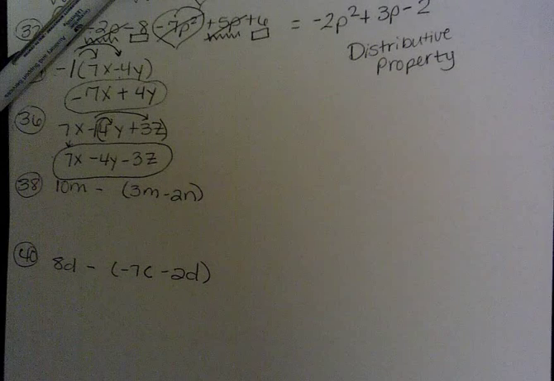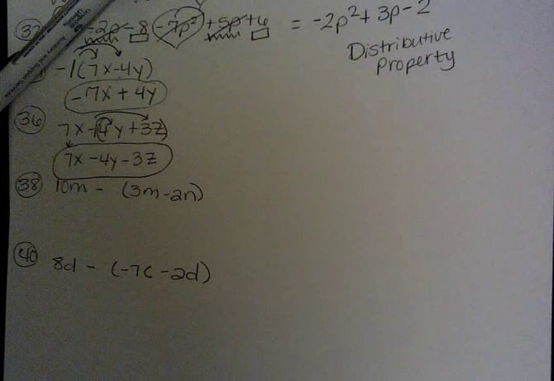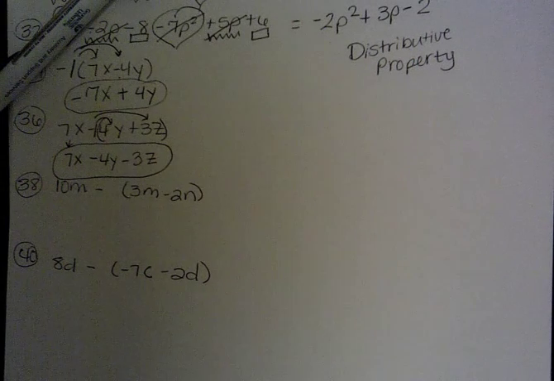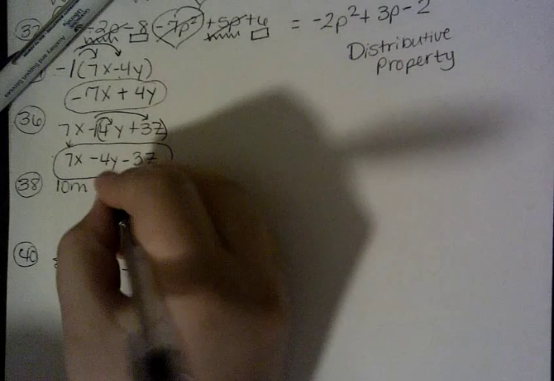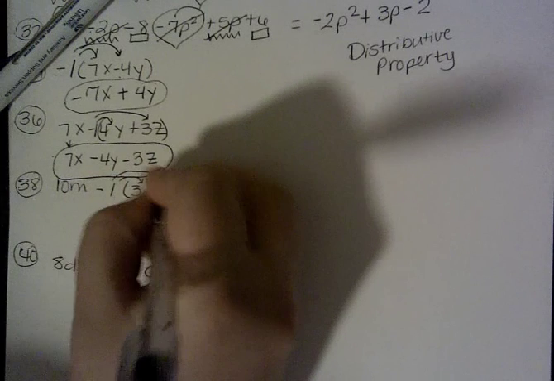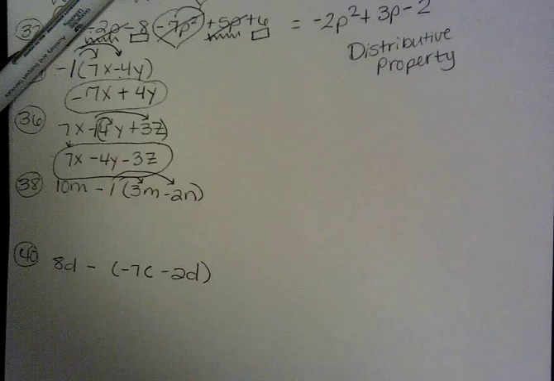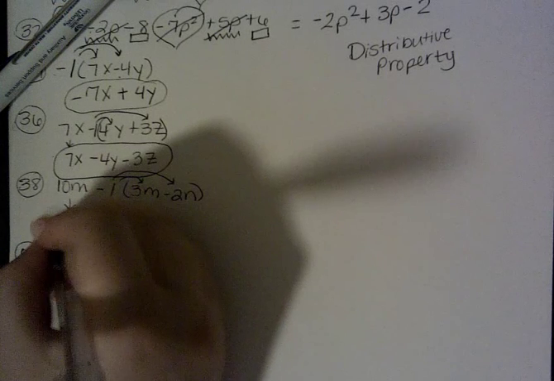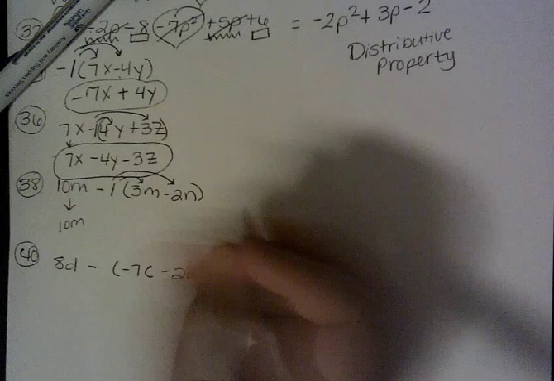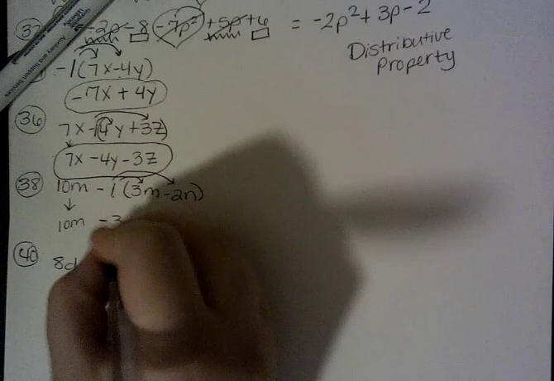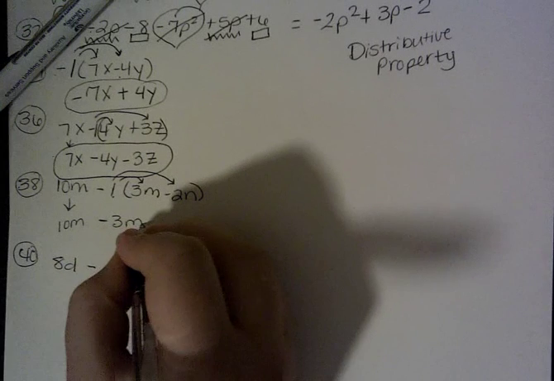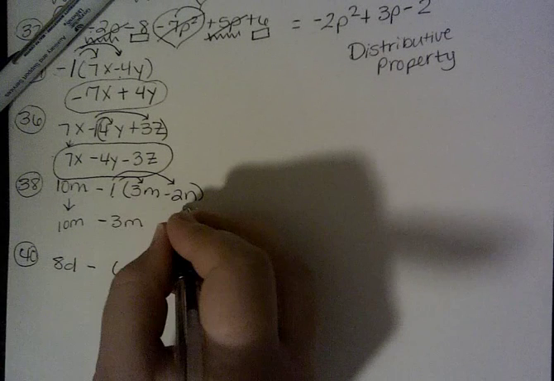Problem number 38. Do the same thing. We're going to distribute that -1. So we bring down that 10m. -1 times 3m is -3m. -1 times -2n is a +2n.